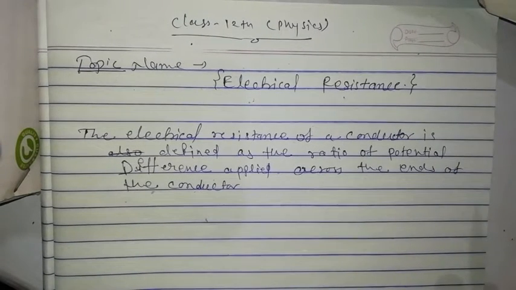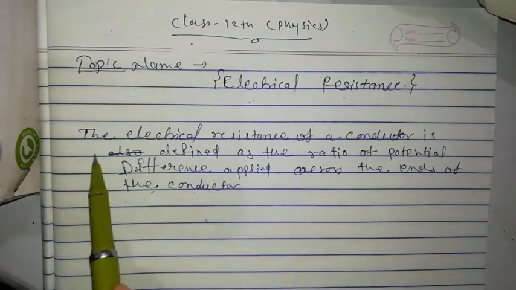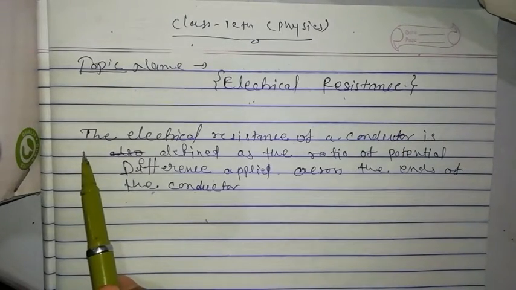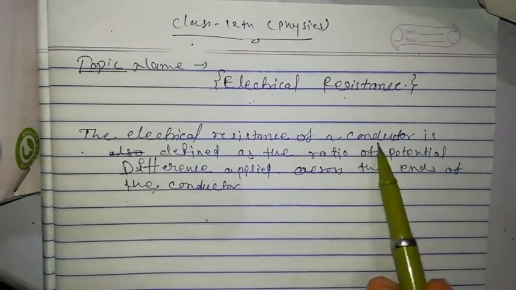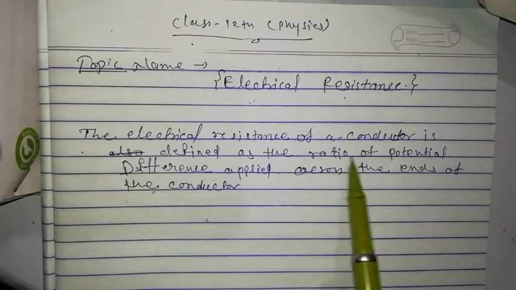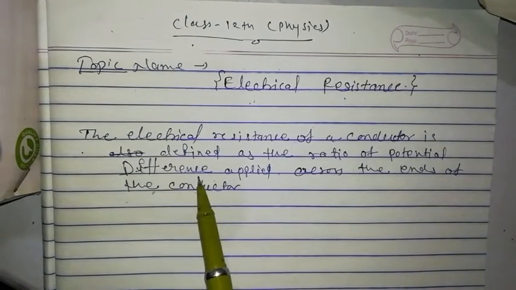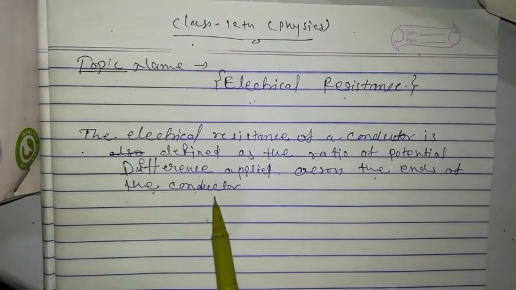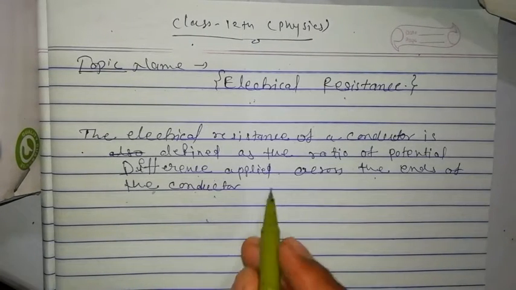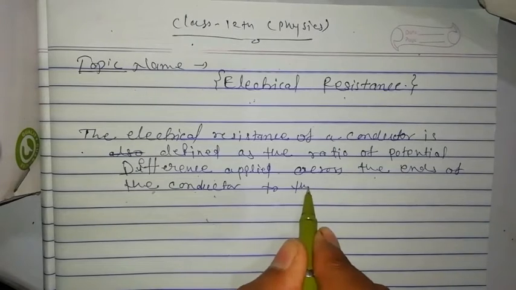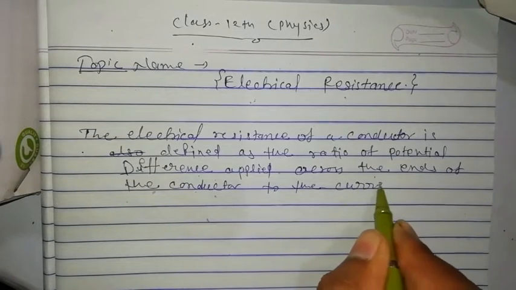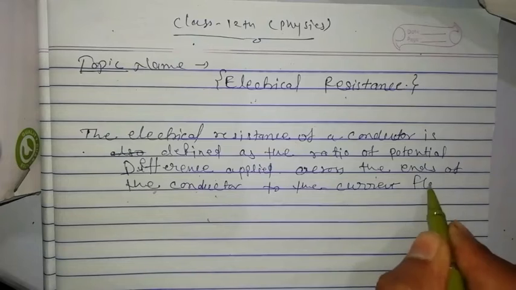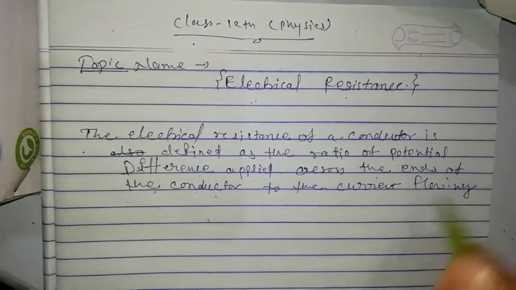What is electrical resistance? The definition: The electrical resistance of a conductor is defined as the ratio of the potential difference applied across the ends of the conductor to the current flowing through it.